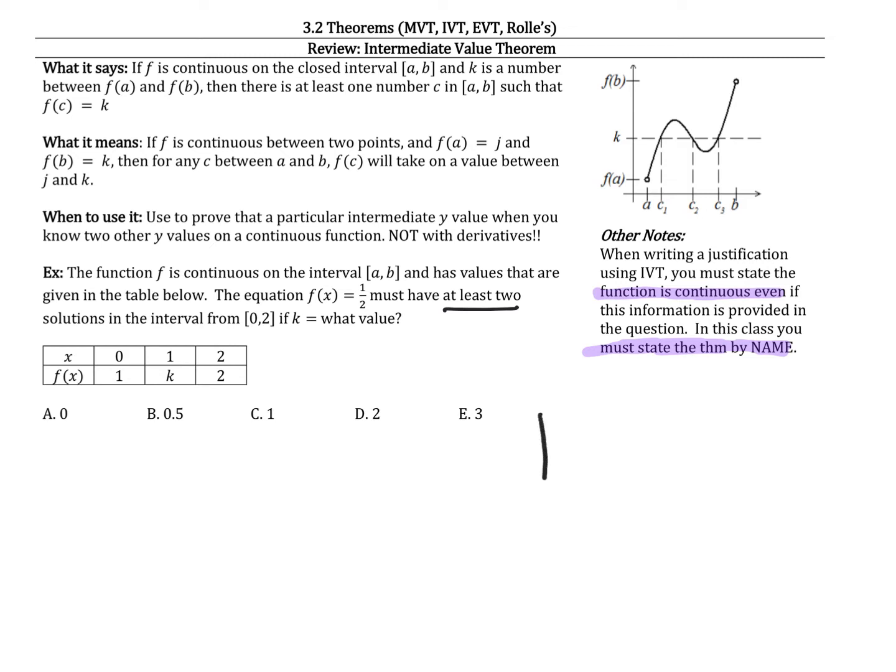So for me, one thing that I like to think about, it just gives me a better visual understanding, is let me just do a quick little tiny sketch of what's going on. We have a function that is continuous from point A to point B. So I never lift my pen when I connect them. In order to have a solution at f of x equals 1/2, I'm going to just graph that here.